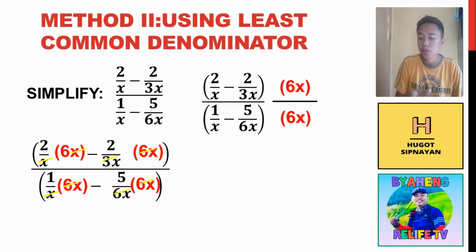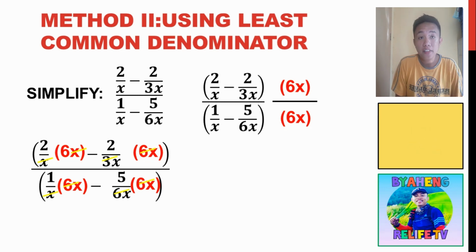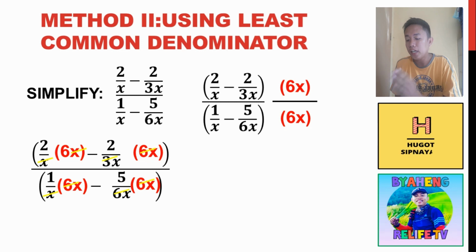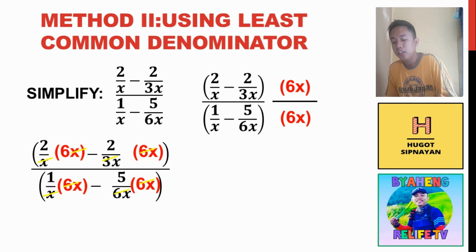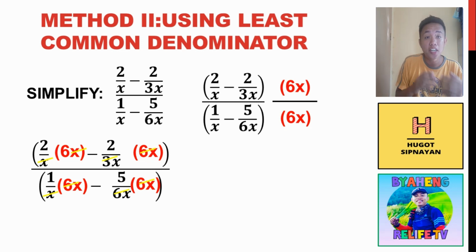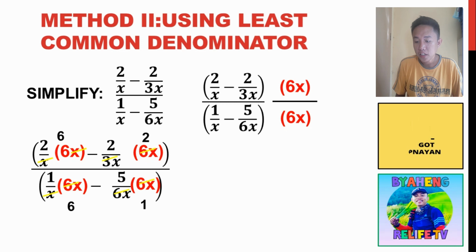Next pattern, negative 2 all over 3x times 6x, we canceled 3x, so the 2x becomes 2. At the bottom, 1 all over x times 6x, we canceled x. Negative 5 all over 6x times 6x, we canceled 6x. This is what remains after we cancel out.